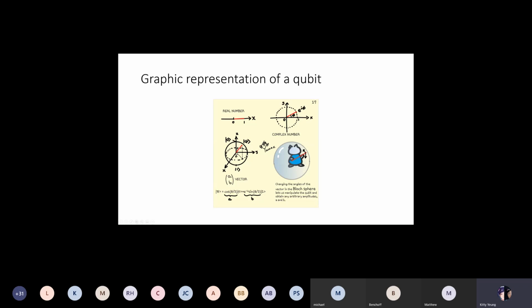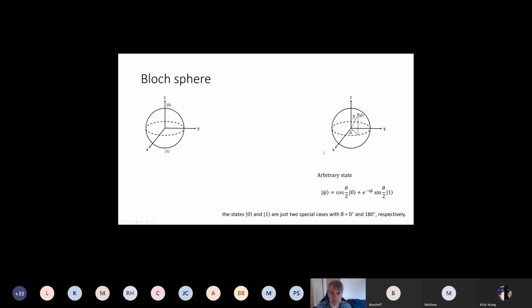And when you manipulate it, say you want to apply a gate that would then change the numbers A and B, it just means that you're changing the location on this sphere.